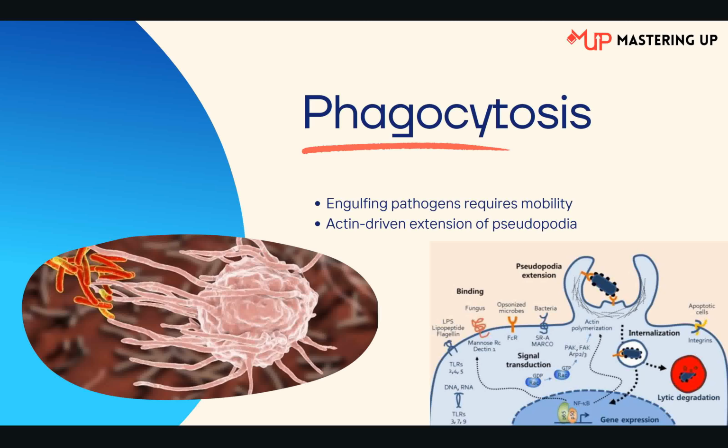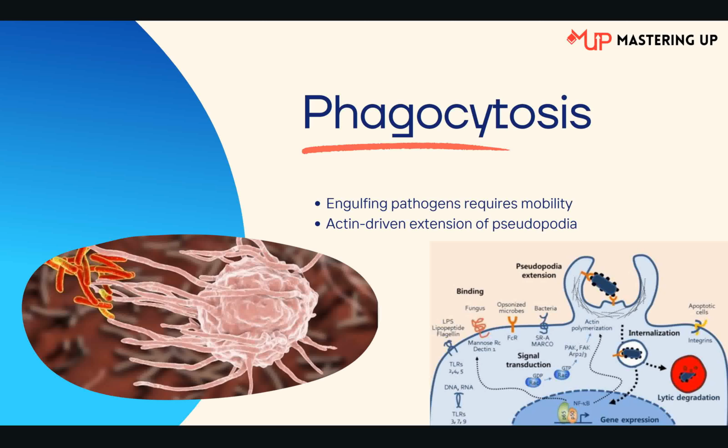In the illustration on the left, you can see the immune cell extending its arm-like projections, trying to engulf the pathogen, which is shown in red. On the right, you can see the pseudopodia extension, formed by actin polymerization, and it will engulf the pathogen through the receptors, and then it is engulfed into a vesicle, which is called internalization, and then it goes to lysosomal degradation.